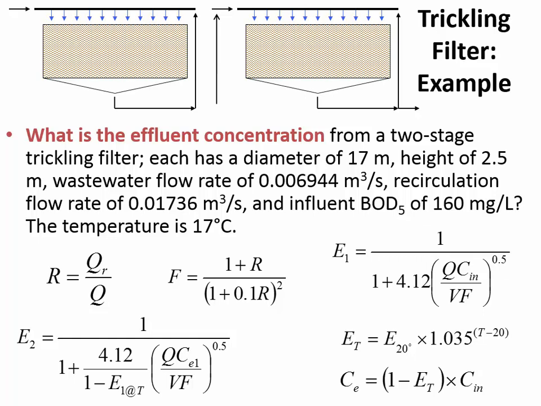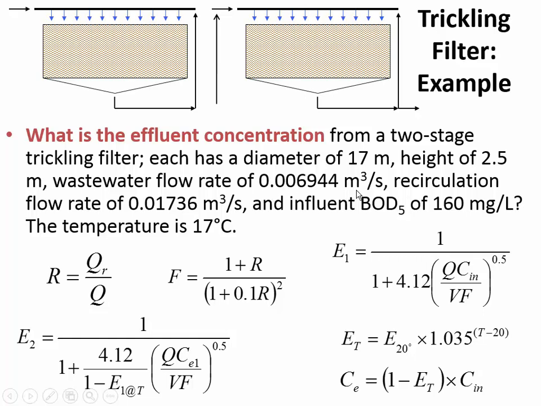So what I'd like to show you is an example where we have a two-stage filter, and we want to find out what's the concentration of BOD coming out of this filter in the discharge. So we know the volume of each filter because the diameter is given and the height, so we can calculate that.